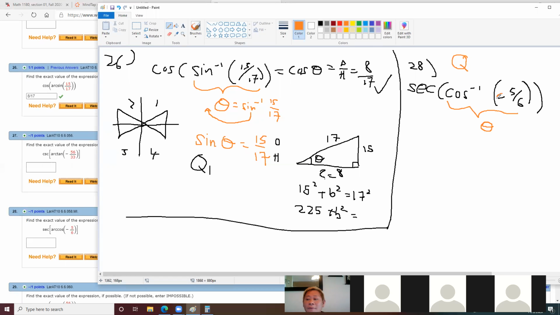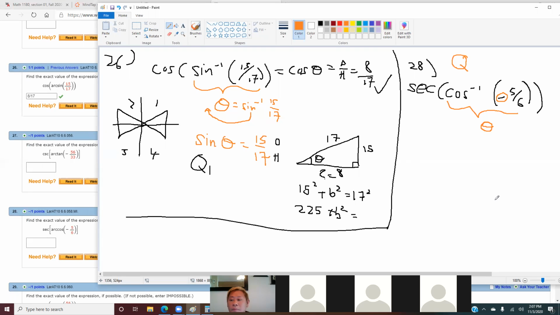Quadrant 2. So the triangle that you draw has to look something like this, quadrant 2, and you have to use SOHCAHTOA to do it.